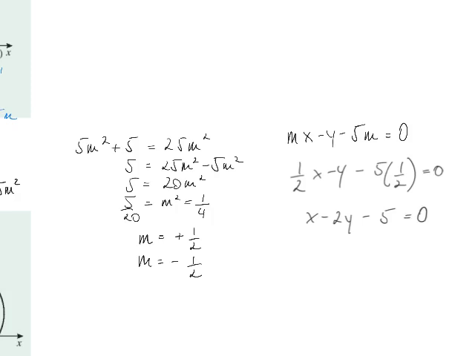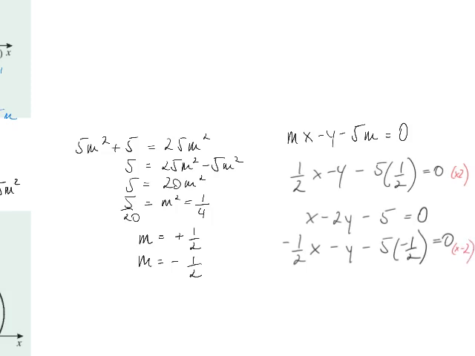And the other situation for the minus 1/2, so we have minus 1/2 x minus y minus 5 times minus 1/2 equals 0. And here I multiply by minus 2. So for the first one, I multiplied the whole thing by 2, and here I'm going to multiply the whole thing by minus 2.